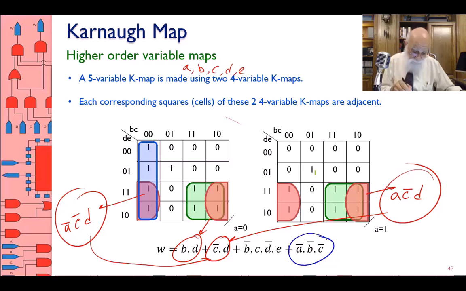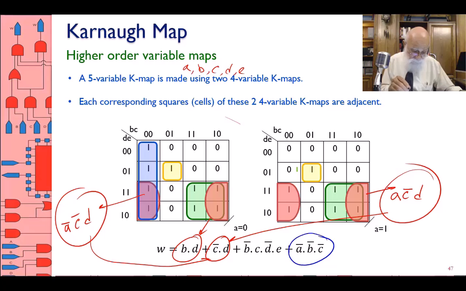I have an interesting one. A 1 here and a 1 there. Okay? I do have other prime implicants, but let's take care of this first.